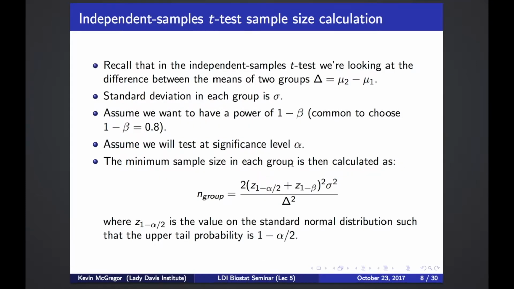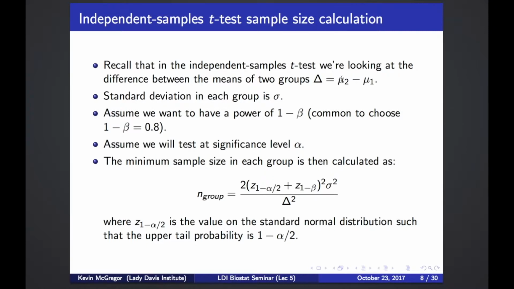Okay, so if you remember back to our independent samples t-test, we're interested in comparing the means of two different groups. So just group 1 and group 2, which we denoted by mu1 and mu2. So we're interested in seeing if the difference between those groups is equal to 0 or if it's not equal to 0.